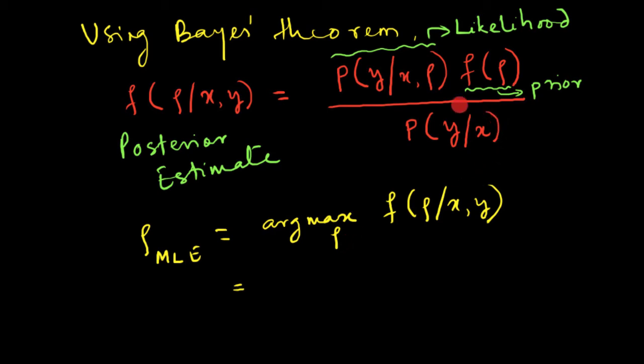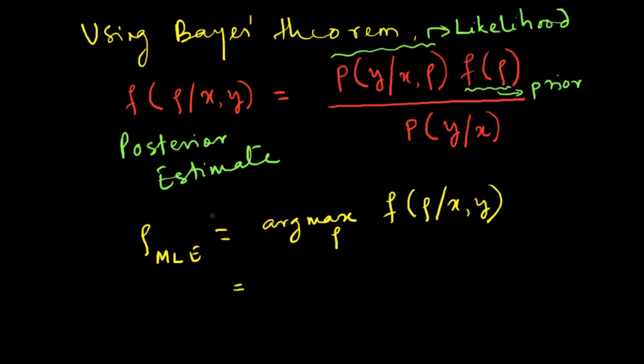Now obviously p of y given x does not depend on rho, and so this can be thrown out. In MLE, we are not assuming anything about f of rho, so this also goes out.